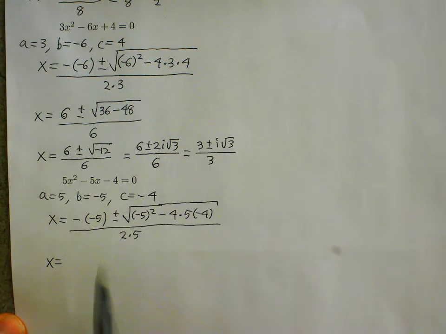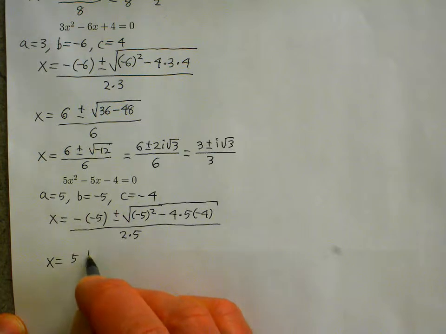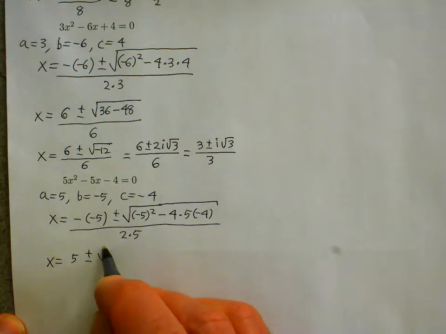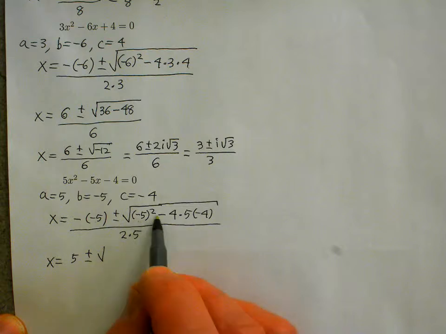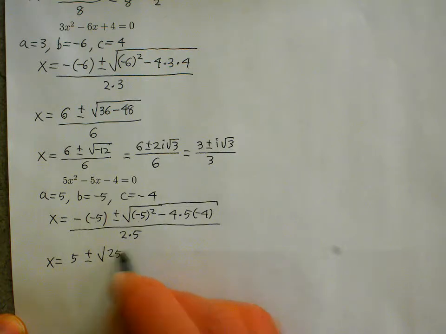The negative of negative 5 is 5, plus and minus the square root of a number. The number negative 5 squared is positive 25.